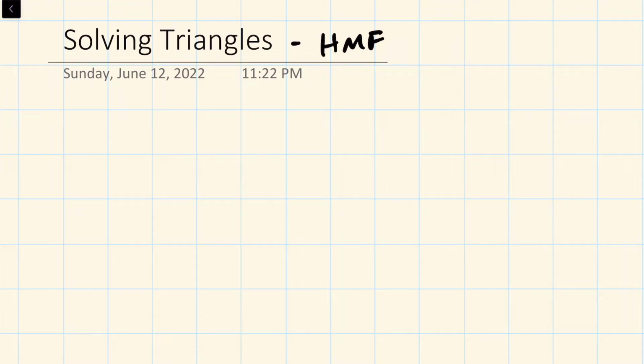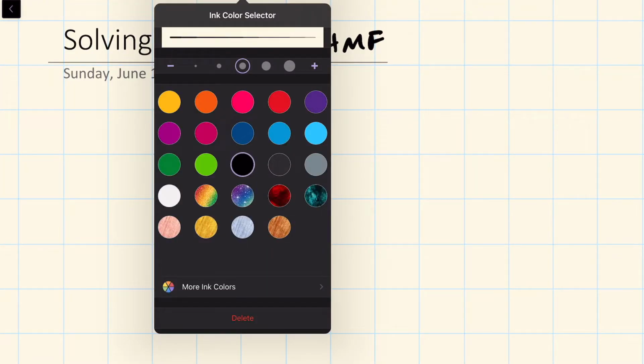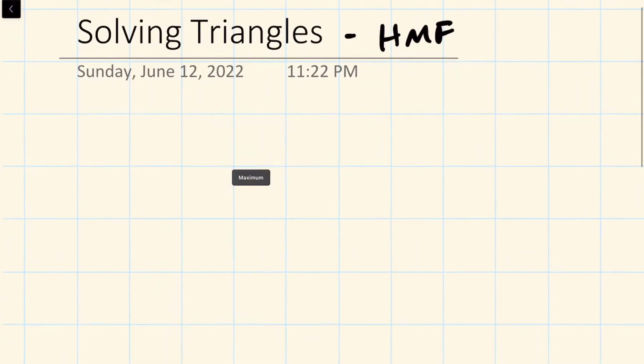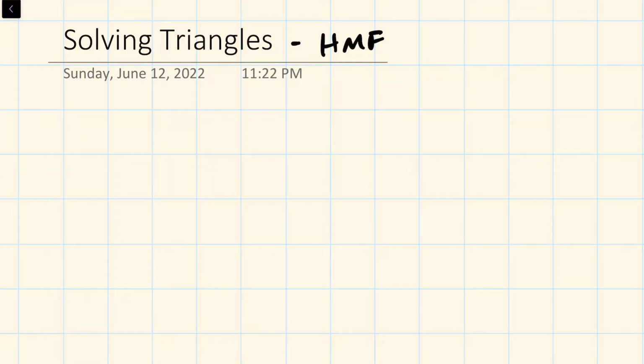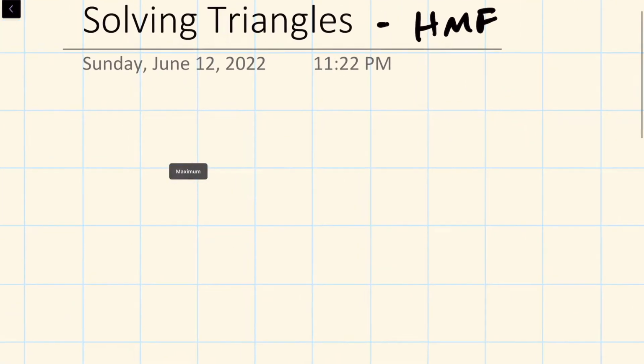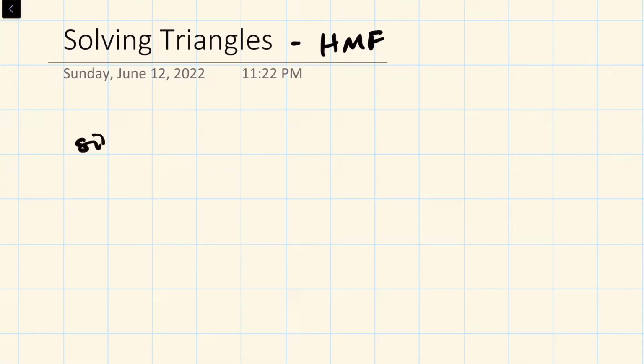So I assume your teacher has already told you this neat way of remembering the trigonometric ratios, your sine, cosine, and tangent.